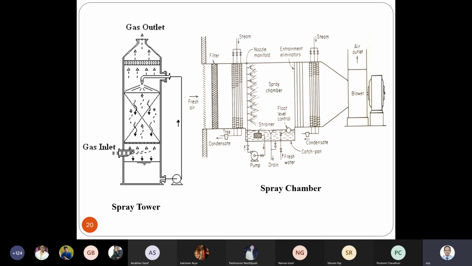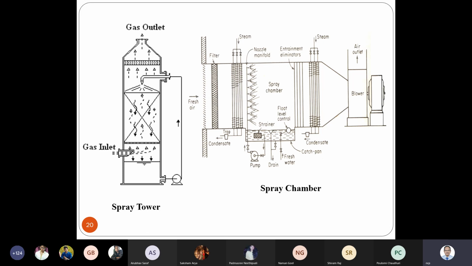The liquid used here is mostly water, and this type of equipment is used in air conditioning. Basically this kind of spray chamber is used in air conditioning, where we have to maintain the humidity of the conditioned air, right? So this is basically the humidifier section. Just see the steps.